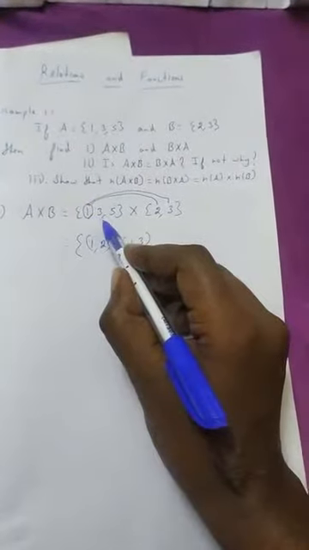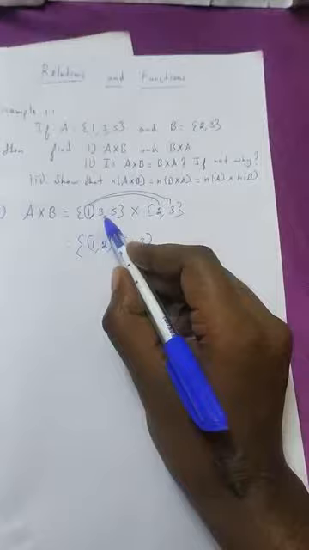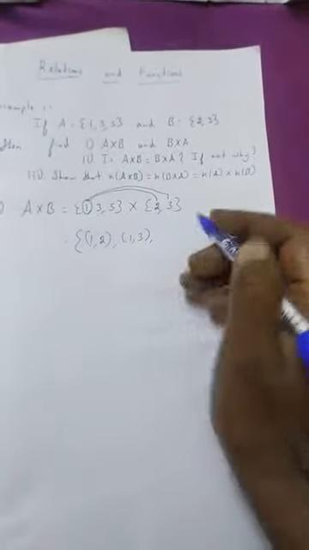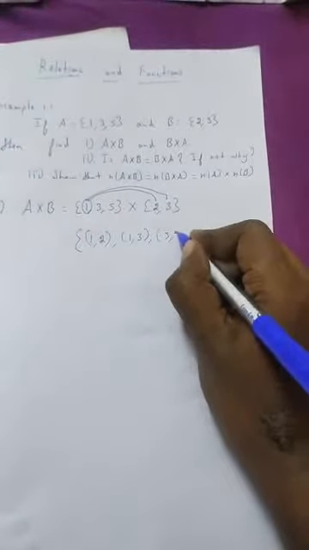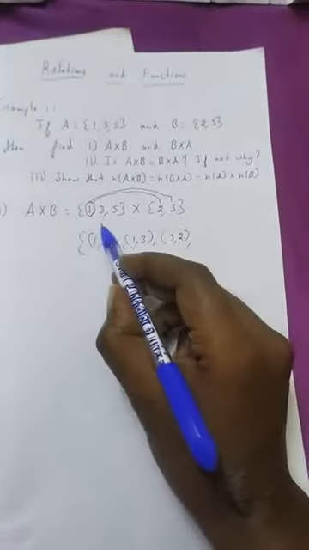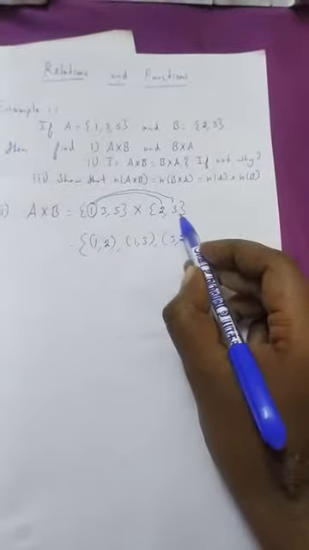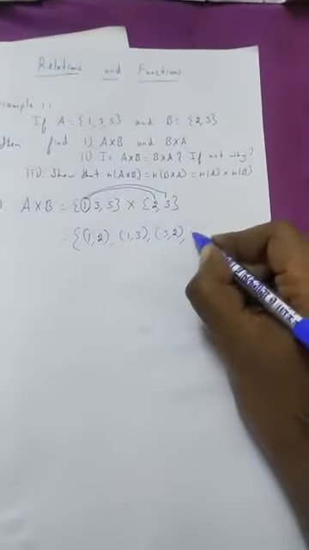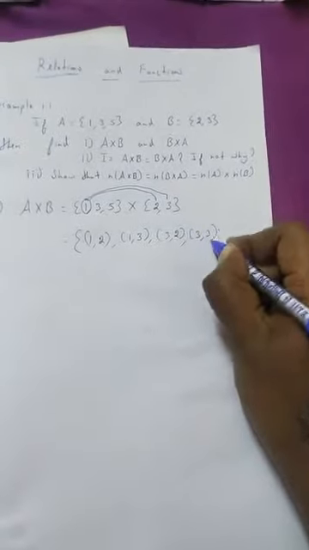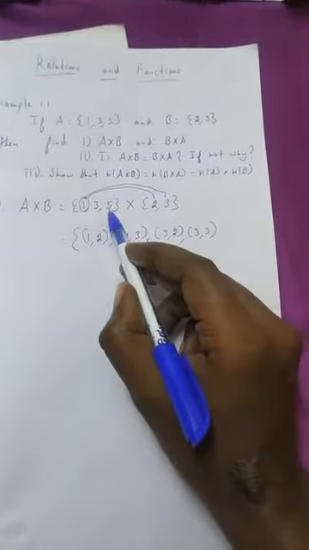Now we have to go for the second number, that is 3. The same way, (3, 2). Again with the same 3, that is (3, 3). Finally we have to go for the last number, that is 5.